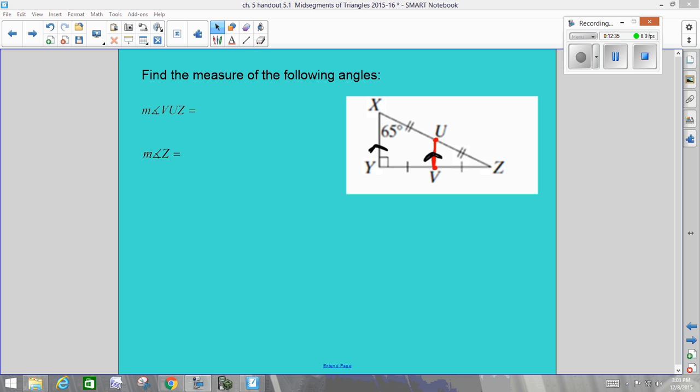Kendra, did you find the measure of angle VUZ? Why? Good. If the lines are parallel, then corresponding angles are congruent. So then VUZ would have to be 65. Kendra, did you find Z? How? Why?